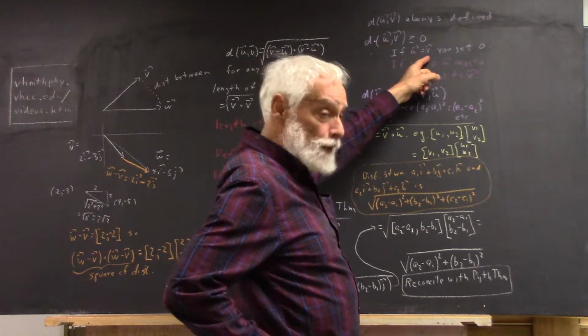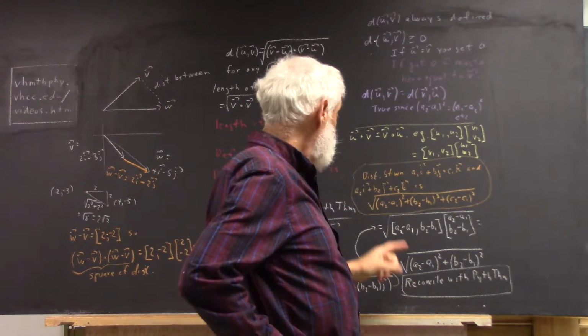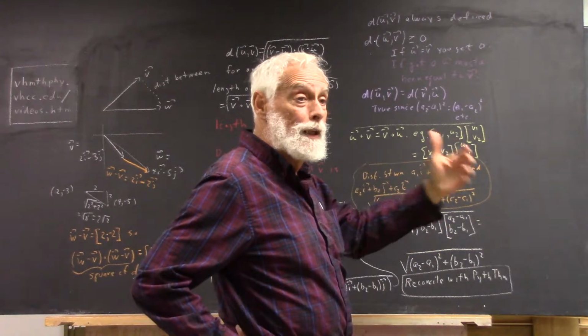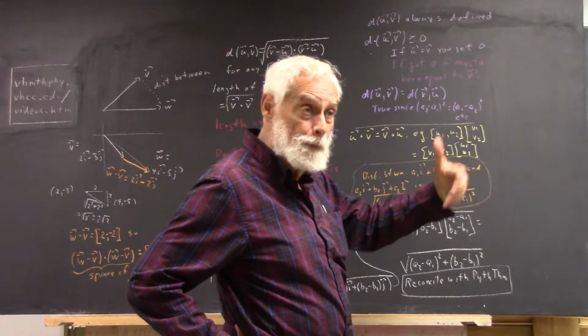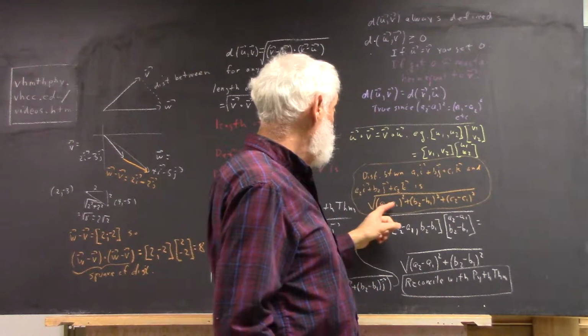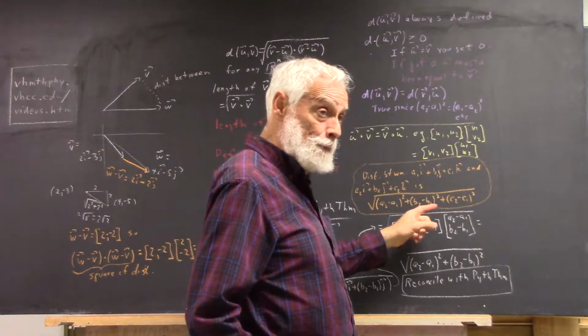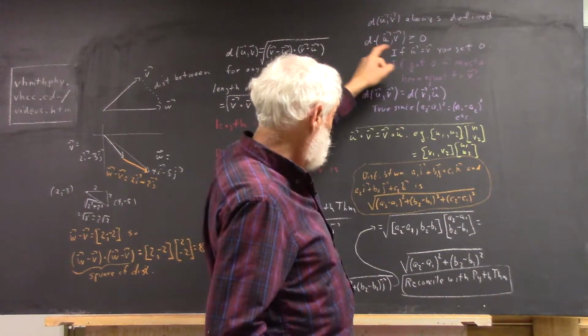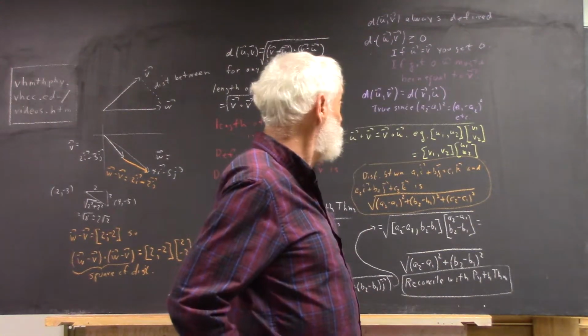If U equals V, then of course every one of these is going to be like (A1 minus A1) squared plus (B1 minus B1) squared and so forth. The A1 and the A2 will always be the same if U is equal to V. So, it's very obvious if U equals V, you're going to get 0.